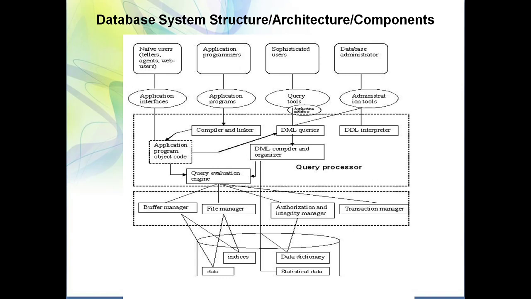The manager is continuously monitoring the processes that take place in the database, and it is responsible for smooth execution of transactions, and it will make sure that your database remains in a consistent state. Consistent state means it will satisfy all integrity constraints. And what is an integrity constraint? Integrity constraints are a set of rules that we apply on the database, and we want the database to satisfy these conditions.